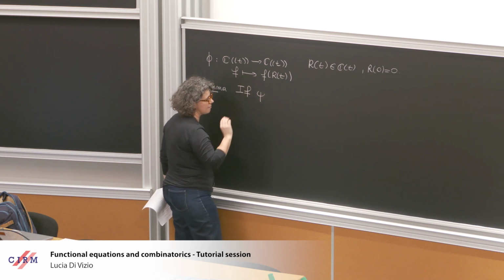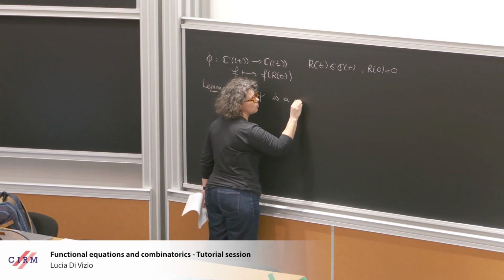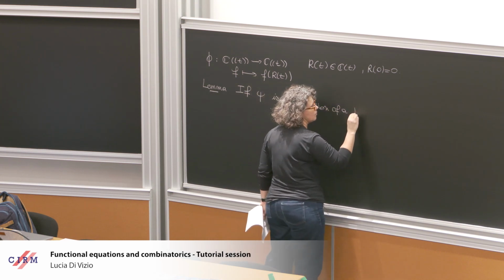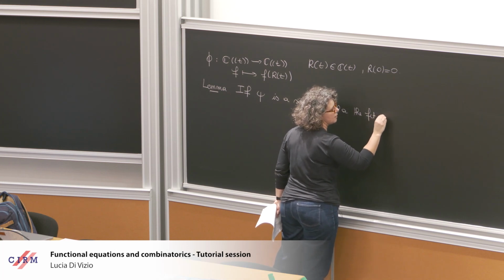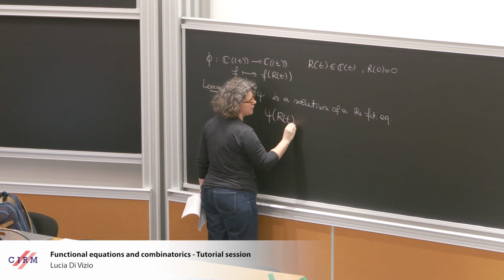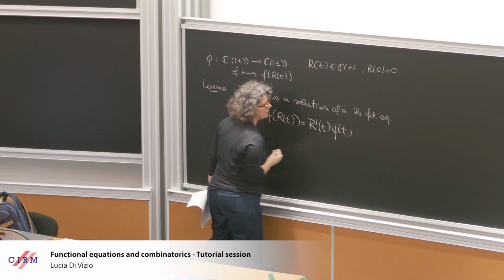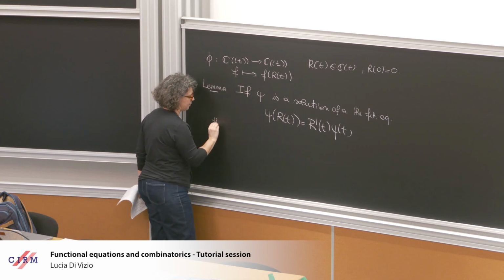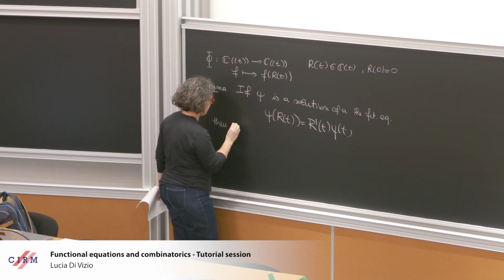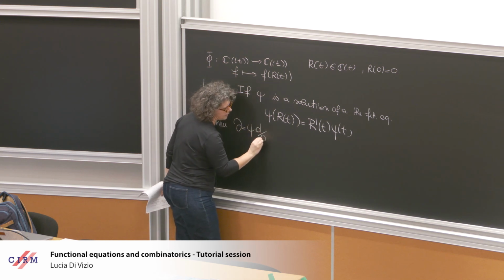If psi, I don't want to say where psi lives for now, is a solution of the functional equation psi of r of t equal r prime of t psi of t, then the endomorphism phi commutes, then one can define a derivative psi d over dt.